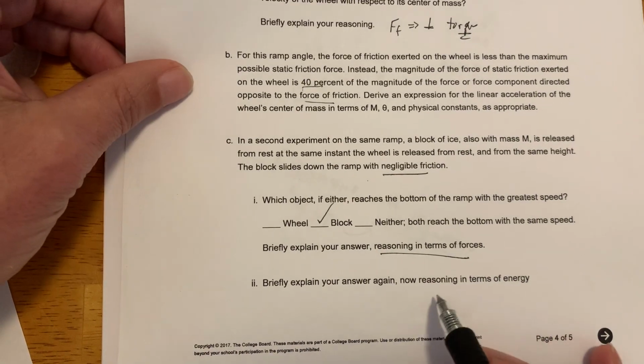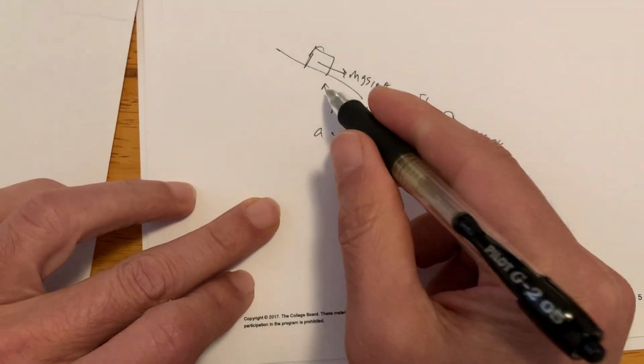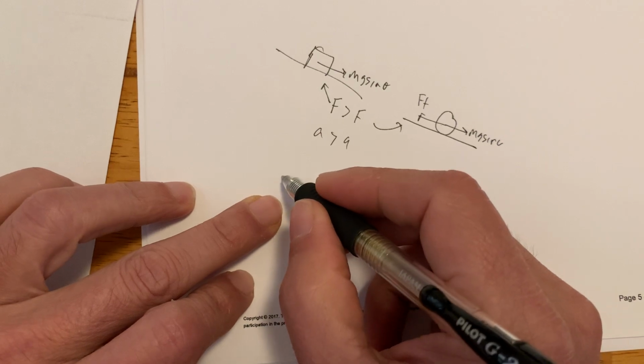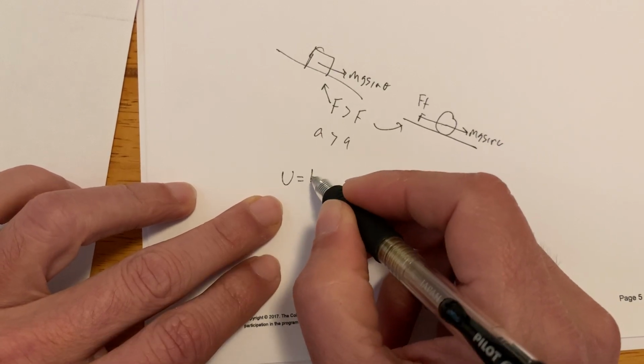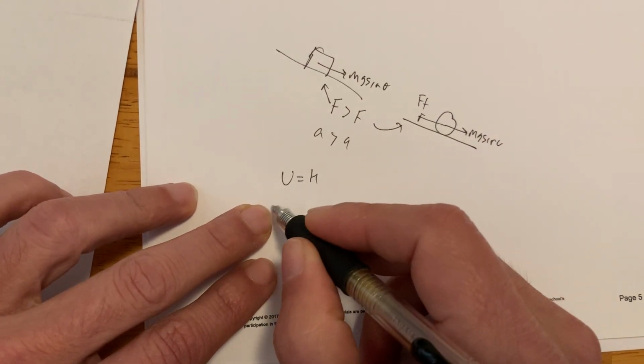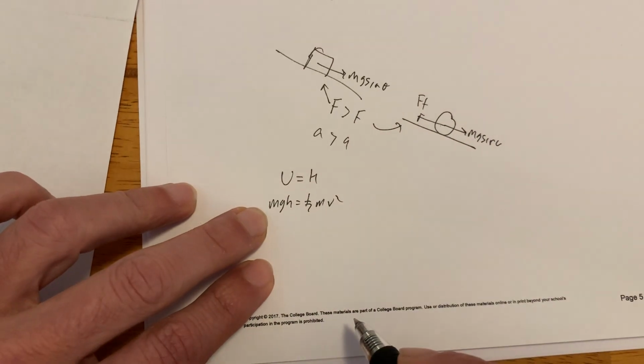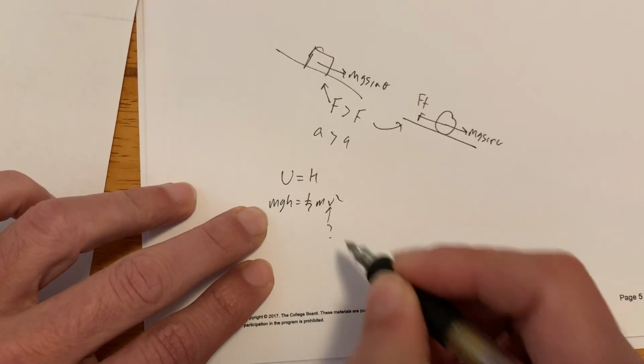Briefly explain your answer again, now in terms of energy. All right, what's happening with energy? In the block, I just have U equals K, so mgh equals 1/2 mv squared, and we want to compare that value.